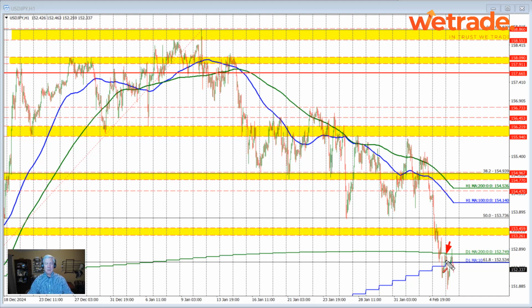So these two longer-term moving averages have converged, and this is really a longer-term neutral level for the dollar versus yen. So it's not surprising that we're seeing some consolidation around those two levels. Admittedly, when we broke below the 100-day moving average today, we did see some movement to the downside, which was somewhat significant, at least in the short term.